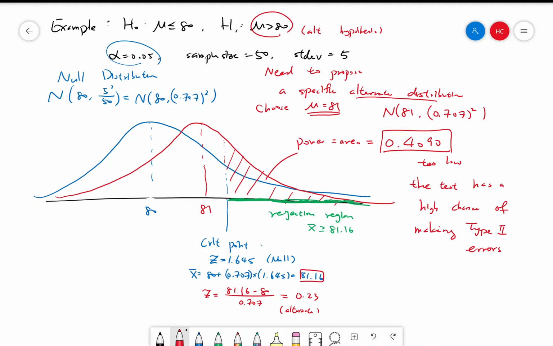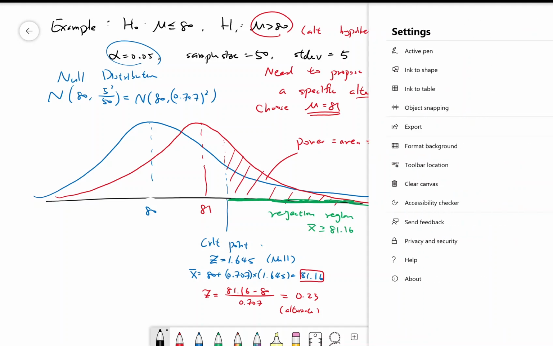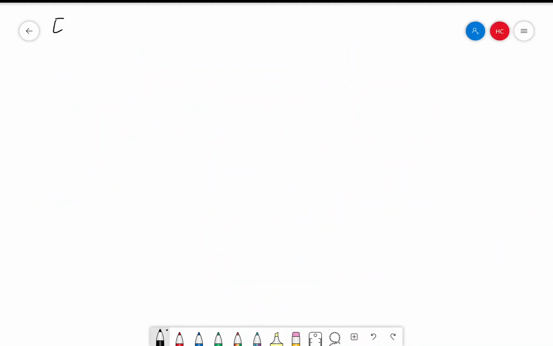All right, so let's do a slightly different example. Most of the numbers are going to stay the same. The null hypothesis is still mu less than or equal to 80. Same with the alternate hypothesis, mu greater than 80.